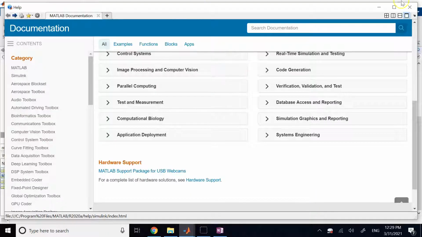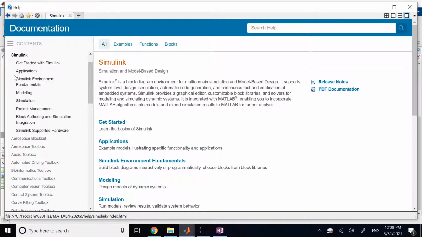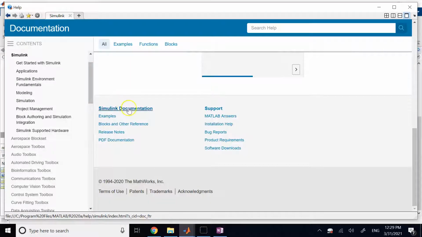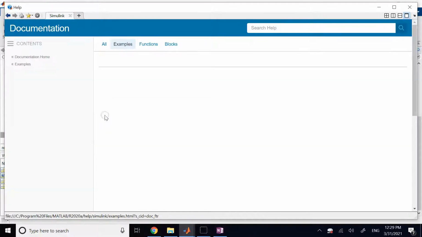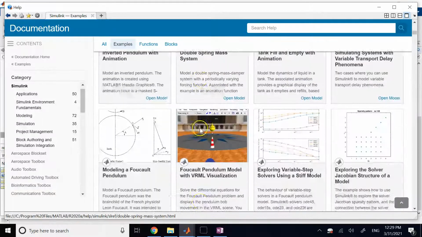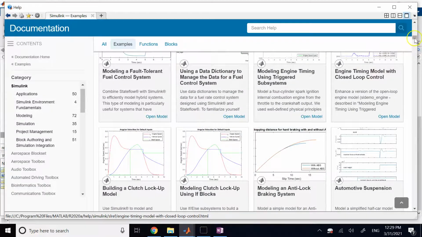So if you go to MATLAB Help and then go to Simulink, right? You see that? So you go to Simulink and then here it talks about different things, and then you can go to Simulink documentation and look at examples. And here under examples you can see tons of different examples in Simulink.